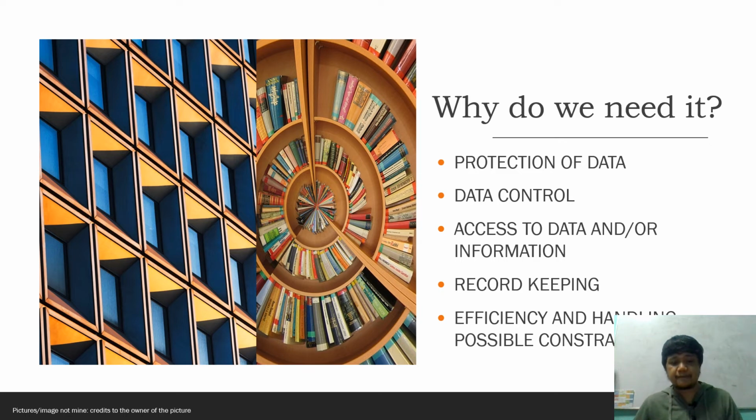And at the same time, it is essential because it is efficient. How come it is efficient? Because a human cannot hold a very large or vast amount of data in his brain.